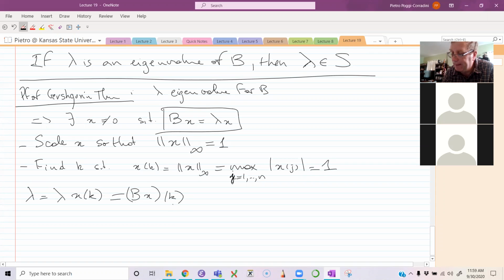So we can use the matrix notation, run a counter from 1 to n, of bkj xj. That makes sense?